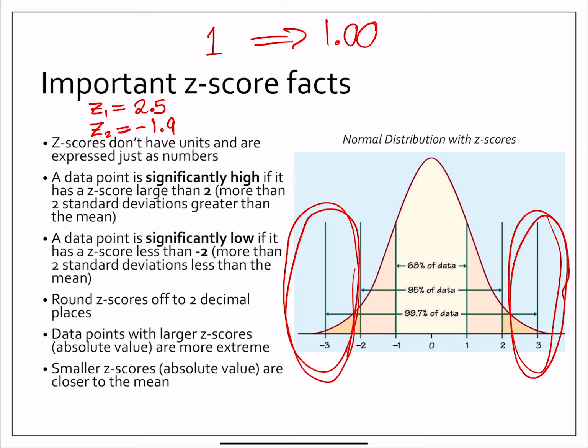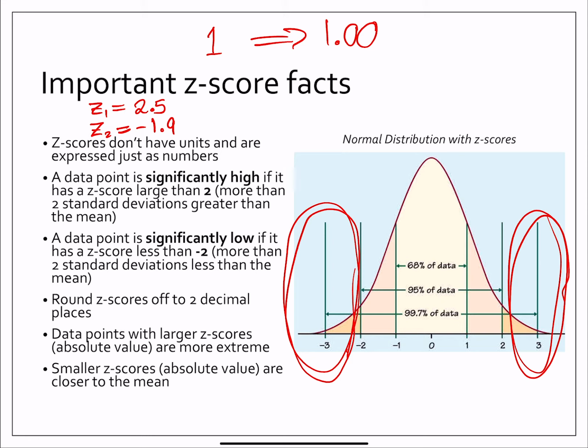Which person's taller? Is person 1 taller? Z1, that person would be taller because their z-score is higher, which puts them further away from the mean on the positive side. Z2 is going to be shorter because their z-score is telling us that they're shorter than the average height, or shorter than the mean height, and is pretty far away. It's almost significantly low.